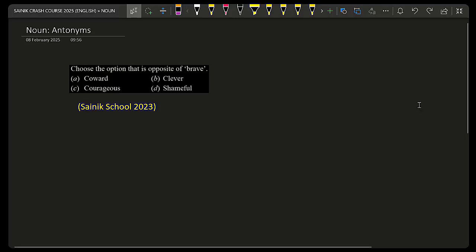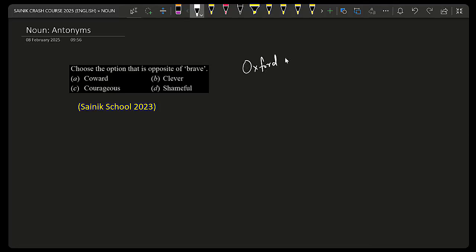Those who have not purchased yet, I am going to write the name of the dictionary: Oxford Mini Dictionary. You have to purchase it. I think it is available around 200 rupees in the market. This dictionary should be with everyone. Whenever you are doing any questions in English and you don't know a word, most of the words you can find in this dictionary to know the meaning.